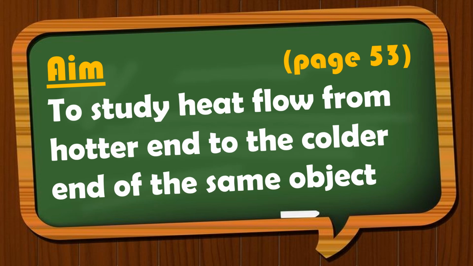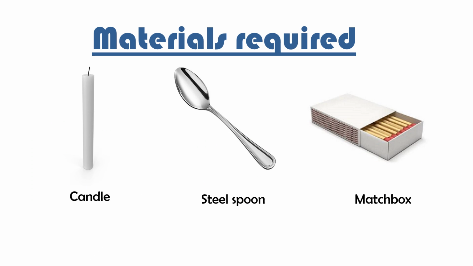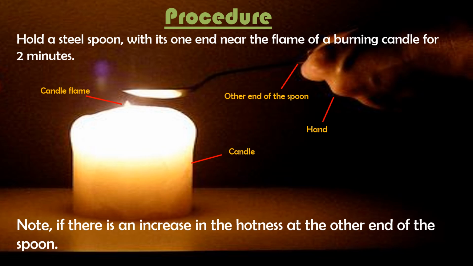Let us perform an activity to study the heat flow from hotter end to the colder end of the same object. In order to perform the activity, you will require a candle, steel spoon, and a matchbox. Hold a steel spoon with its one end near the flame of a burning candle for 2 minutes as shown in the figure.